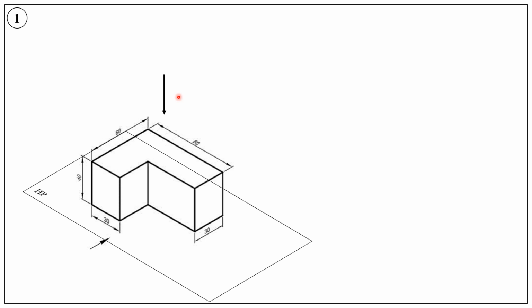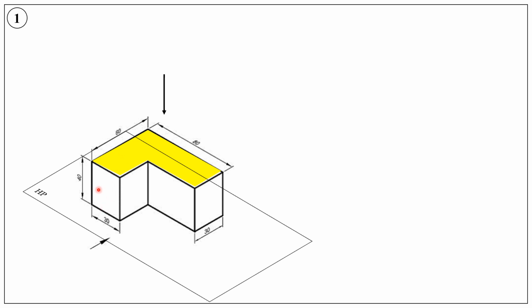When the observer looks from the top, he will be able to see a geometry shaded in yellow color.